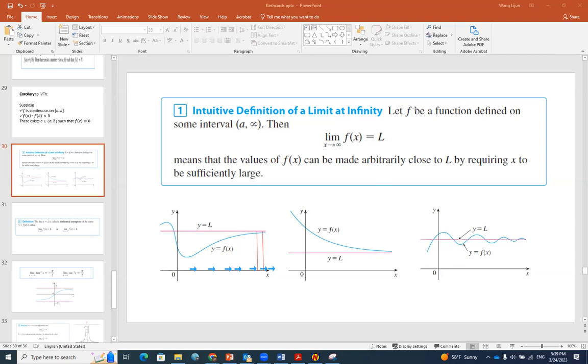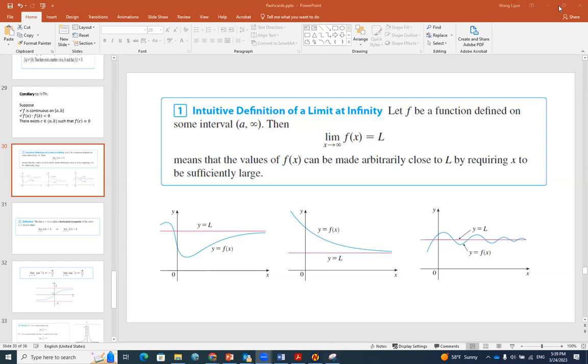So it's read as f is a function defined on some interval. Here I'd like to explain what is some interval. Some interval means as long as you have one interval from a to infinity.